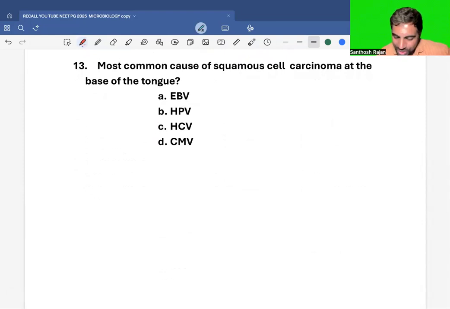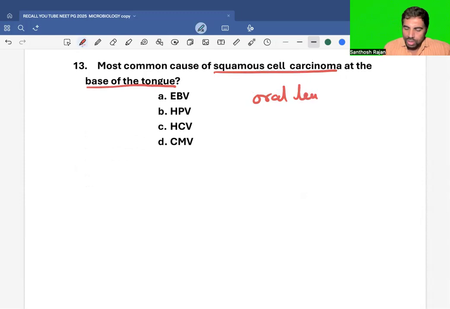Now, the most common cause of squamous cell carcinoma at the base of the tongue. This is a bit confusing question because base of the tongue or side of the tongue, there are a lot of controversies going on. If it was oral leukoplakia on the side of the tongue, I would definitely choose Epstein-Barr virus only.